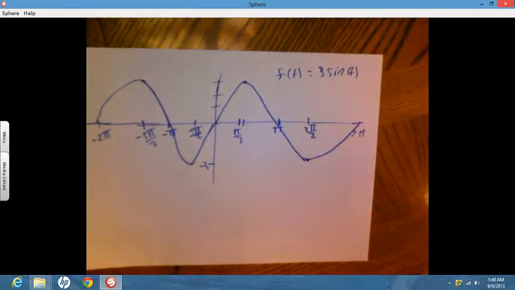Alright, so now we're going to look at an example of another function, and for that one we're going to look at the cosine. We're going to look at the cosine of 3t.